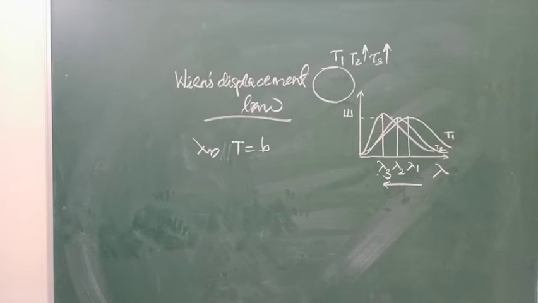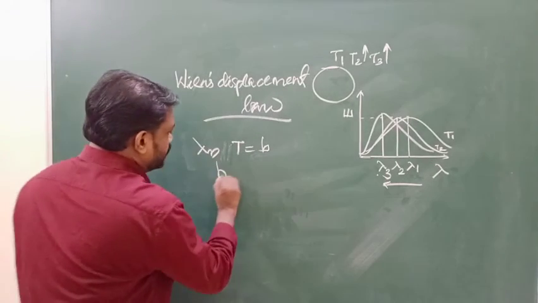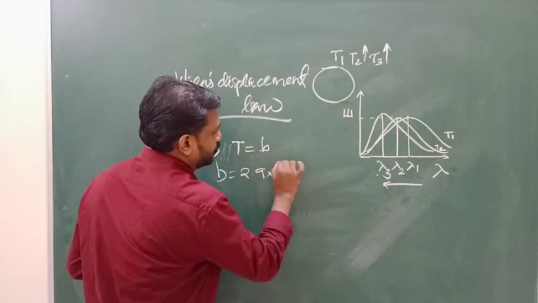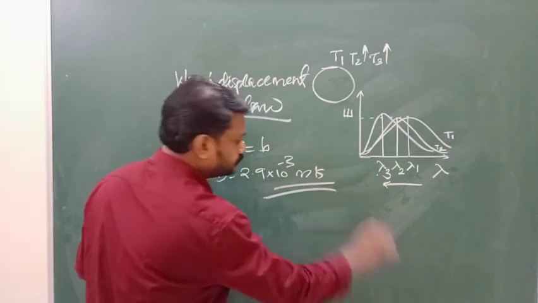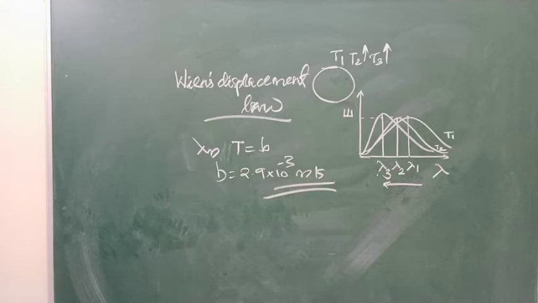That constant B has the value 2.9 into 10 to the power minus 3 meter Kelvin. That is Wien's displacement law: as the temperature of a black body rises, maximum energy emitting radiation shifts towards shorter wavelength. So those are two laws, Stefan's law and Wien's displacement law.